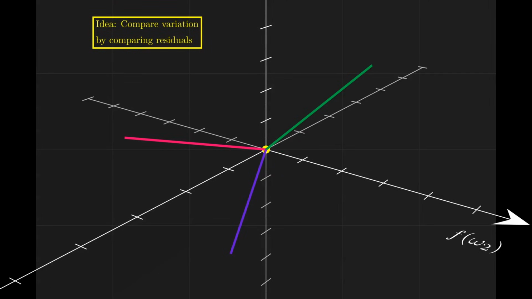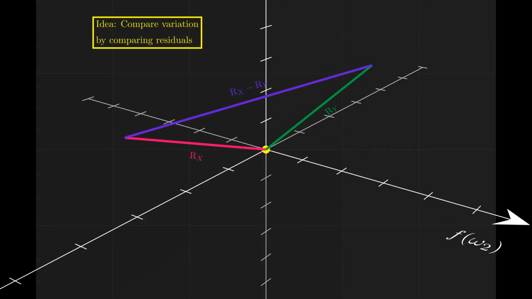Because of that, the lengths of these lines are given by the probability-weighted norm of the residual of x and y, which I will, for the sake of a shorter notation in the following, denote by rx and ry. So what is the difference between them? It's simply the vector pointing from the end of one residual to the other, which we can represent by this purple line here, and which has a corresponding length given by the norm of the difference of the residuals.